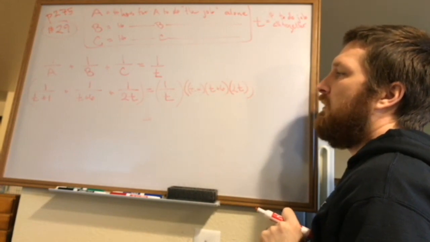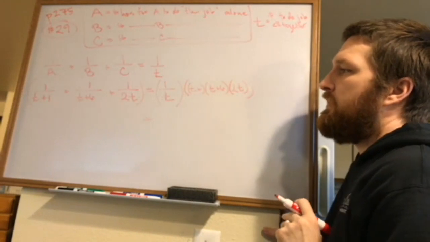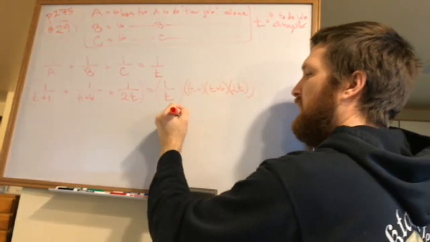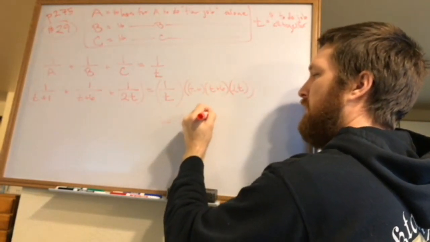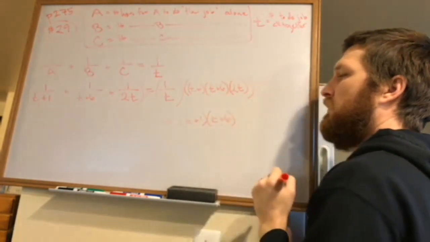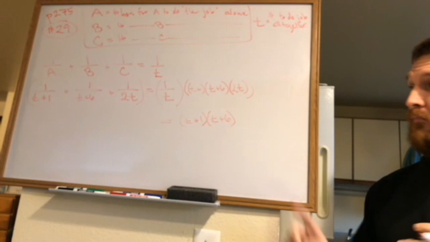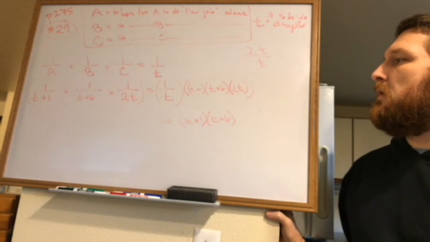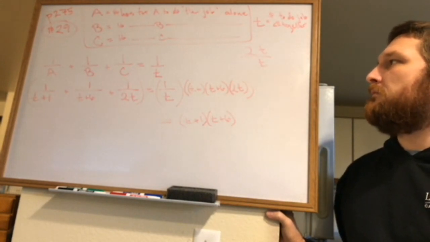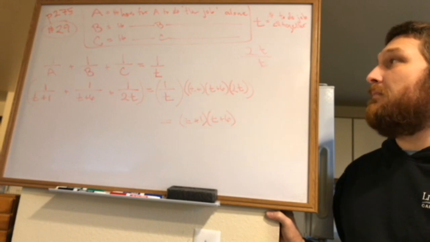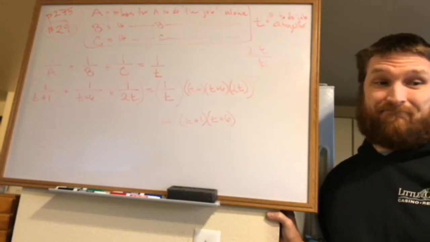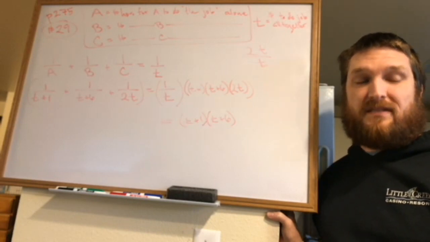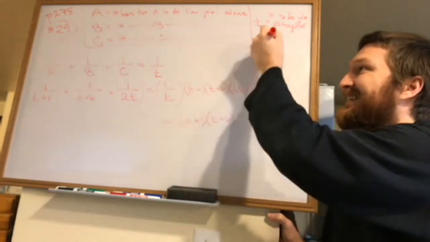On the right-hand side, you'll have T plus 1, times T plus 6, times T. What is 2T divided by T? T over 1. Wait, no. Doesn't one of the T's cancel? Well, both of the T's cancel. The T cancels out completely.